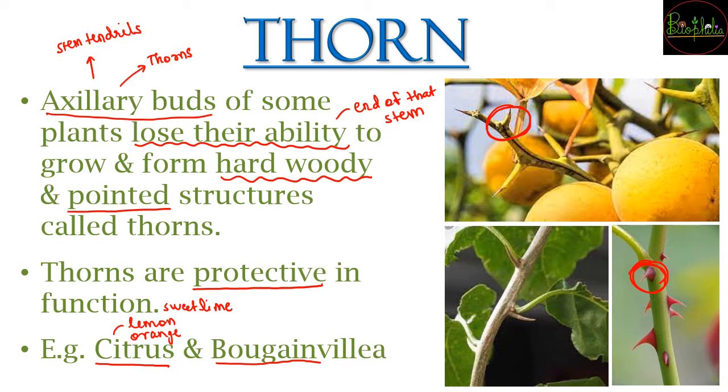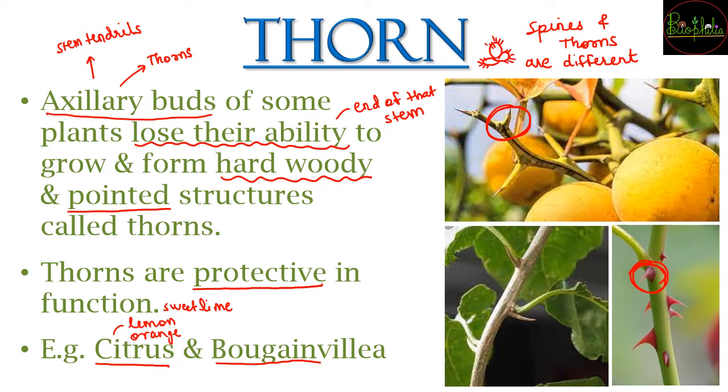You can also try to understand what is the difference between thorns and spines. So spines and thorns are different. Very important to remember that spines and thorns are different. So what you see in bougainvillea is different from what you see in cactus. In cactus, the small structures that come out on the outside are spines.